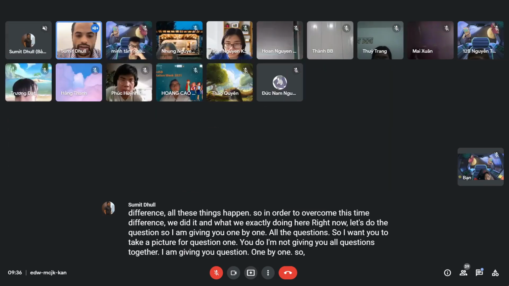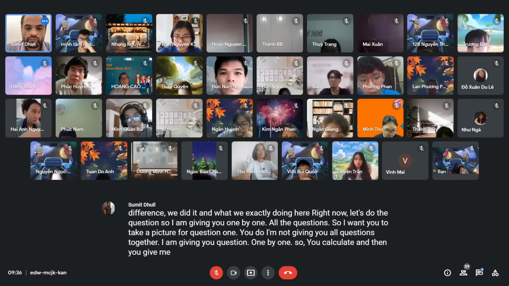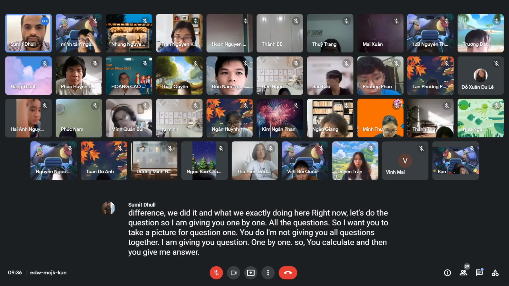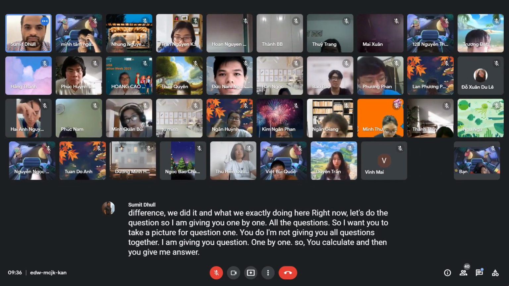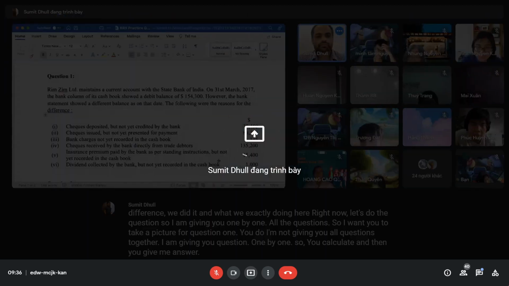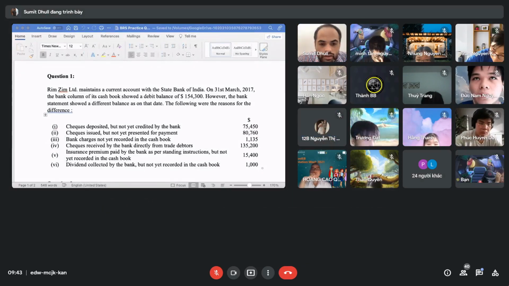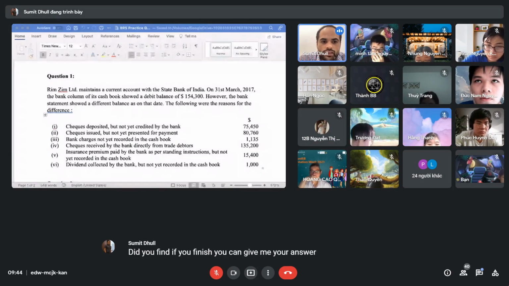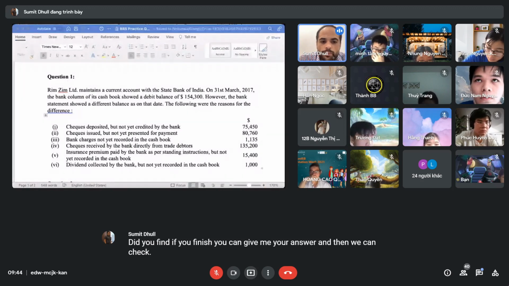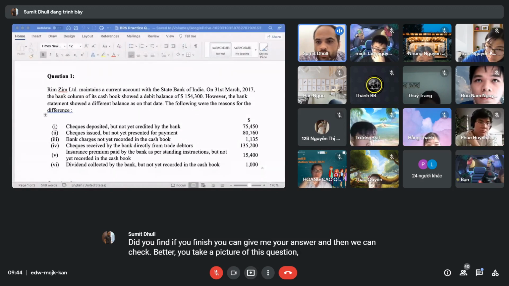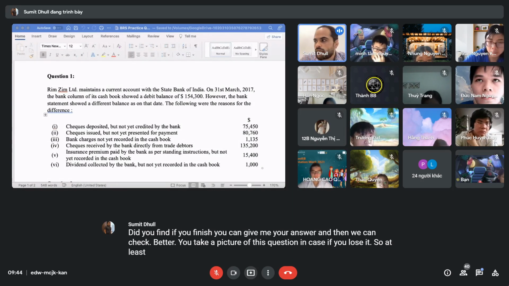You calculate and then you give me the answer. If you finish, you can give me your answer and then we can check. Better you take a picture of this question in case you lose it, so at least you have a picture.